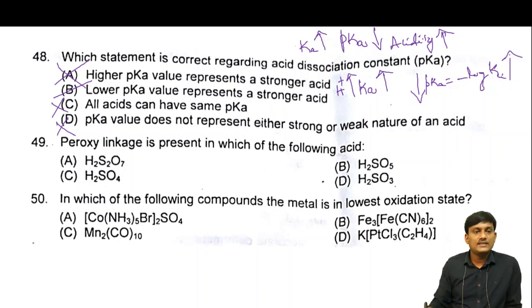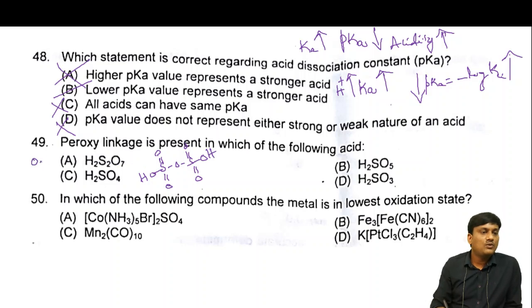Peroxy linkage is present in which of the following acids? This is the structure of H2S2O7. In this structure there is no peroxy linkage.